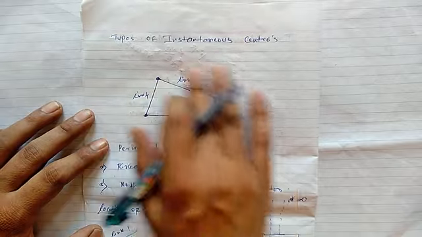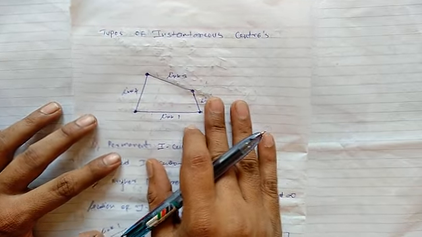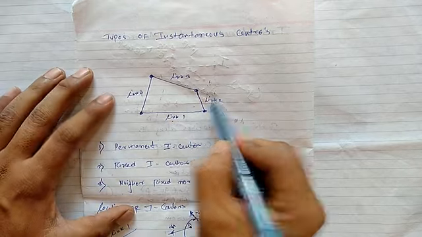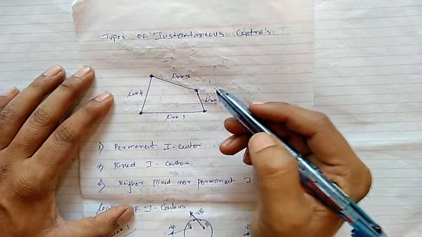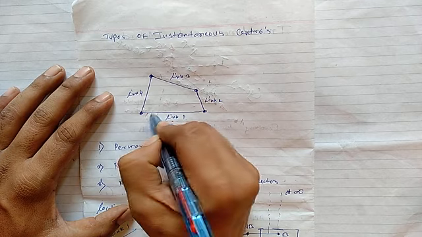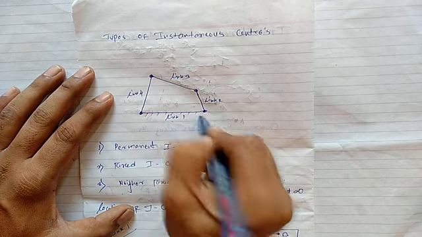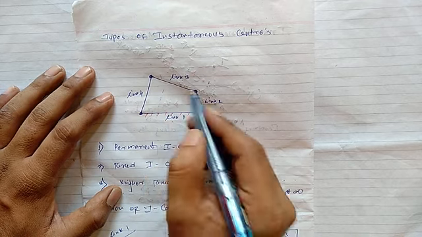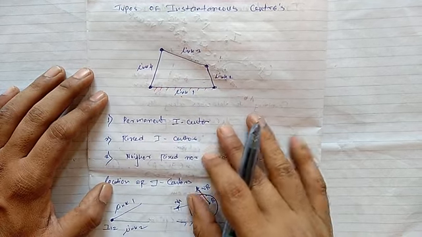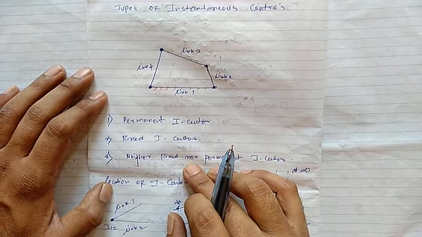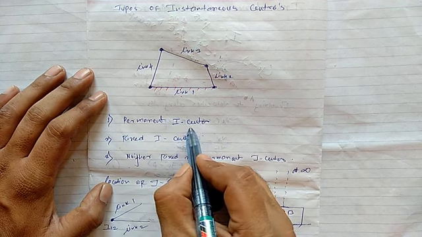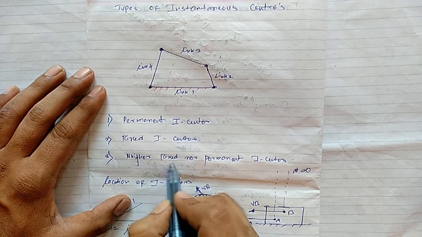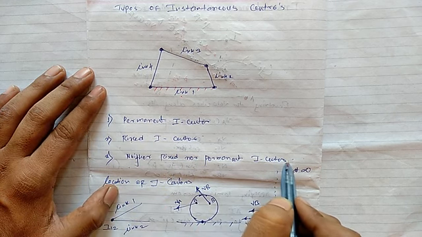Consider this mechanism, consisting of link 1, link 2, link 3 and link 4. Out of these, link 1 is fixed, so it becomes a mechanism. Basically there are three kinds of instantaneous center: first, fixed instantaneous center; second, permanent instantaneous center; and third, neither fixed nor permanent instantaneous center.